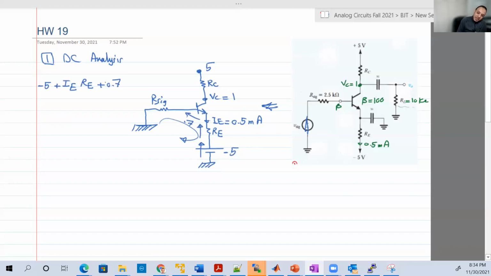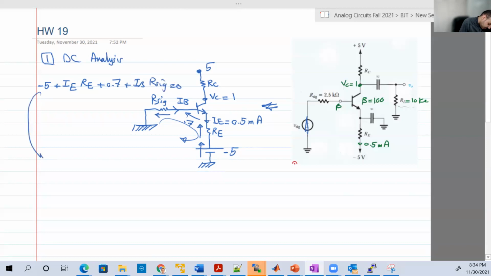Then you have IB, which is flowing in that way, so the voltage it produces will be in the opposite way. So it goes in the same direction as the -5, the 0.7, and also IE RE. So plus IB R signal equal to 0.